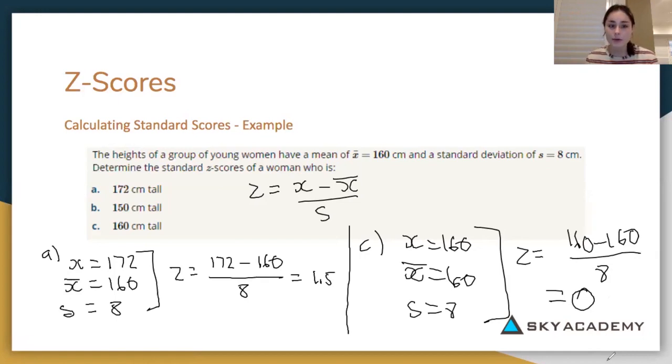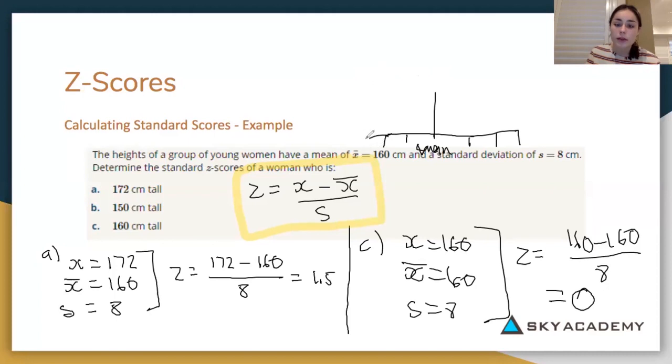Z-scores, as you can see, are really helpful. This formula is really helpful to calculate what standard deviation you are when it's not exactly 1 or exactly 2. If you remember our bell curve, we have the mean here, and then 1 standard deviation below the mean, above the mean, 2 standard deviations above the mean, 3 standard deviations above the mean, 1 below, 2 below, and 3 below.